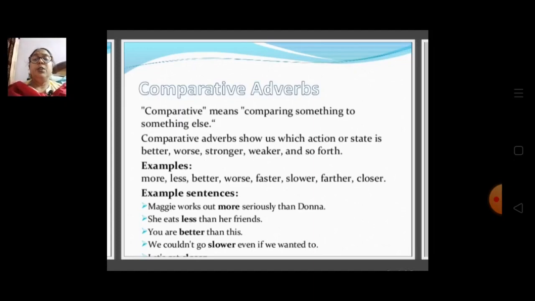And if we are going to compare two people's work, we can use comparative degree. And superlative degree is where we are comparing more than one person, or we are not able to compare to anyone, there we can use adverbs of superlative degree.